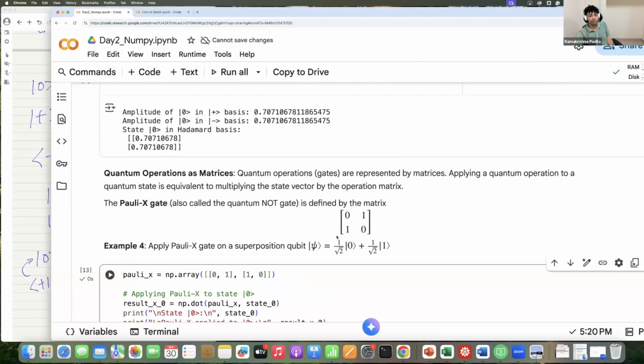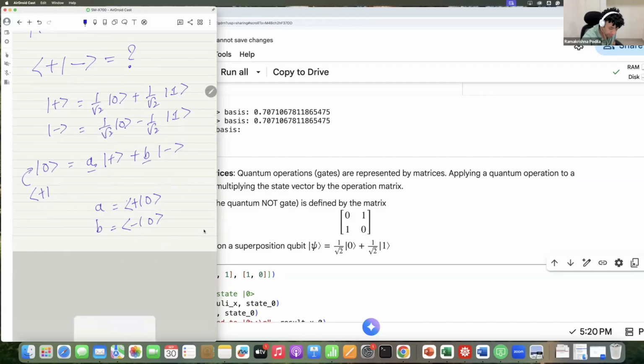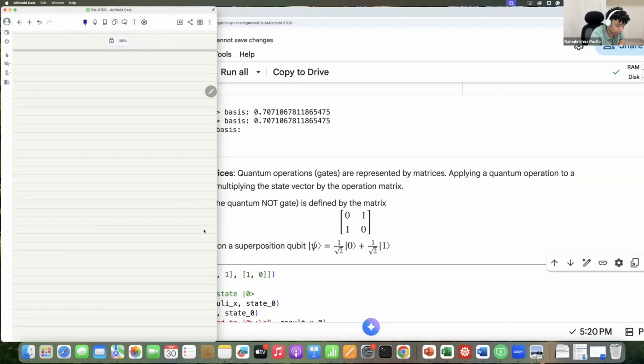So the Pauli gate flips, it's a NOT gate. If I pick a superposition, what would I get? Did you follow my question? So if I have the Pauli X gate, which I'm going to write as sigma x, sigma x acting on 0 gives you 1, and sigma x acting on 1 gives you 0.